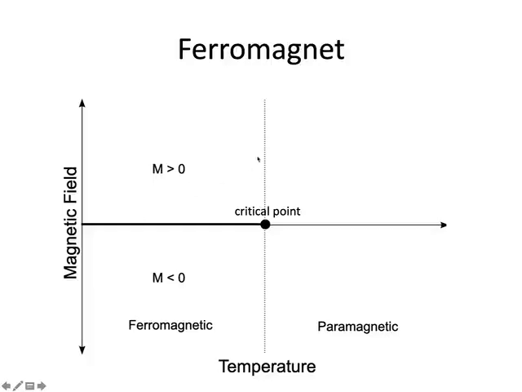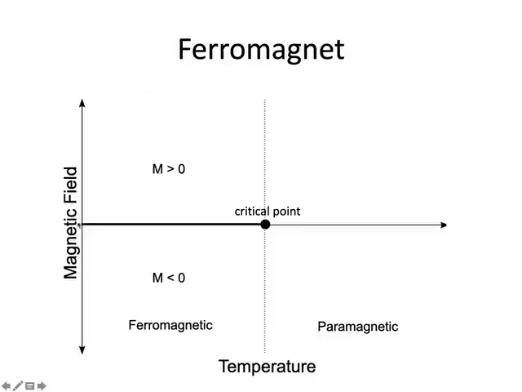For example, for a ferromagnet, we can plot temperature along this axis, and we can subject it to a magnetic field. And at a low temperature, if we have the field pointing one direction, the magnetization will be in one direction.